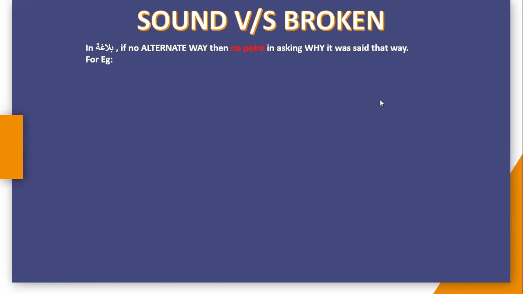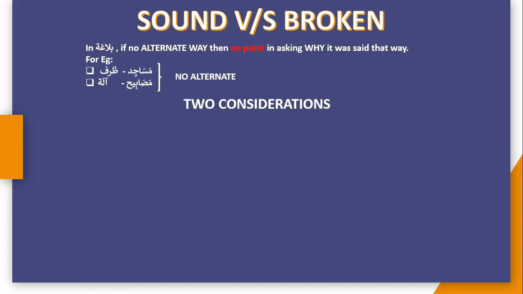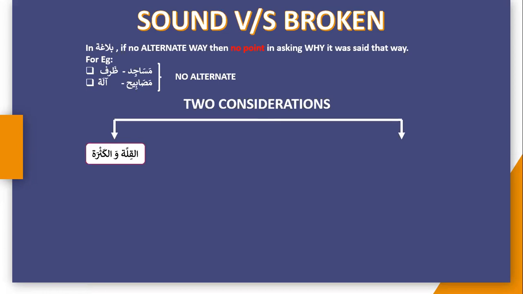So, for example, these two isms, which are zar and ala, do not have an alternate. They have a set pattern, and that's how their plurals look. But in other cases, you have two considerations. First, al-qilla wal-kathra, and also iradatul hadathi wa iradatul ismiyyati.